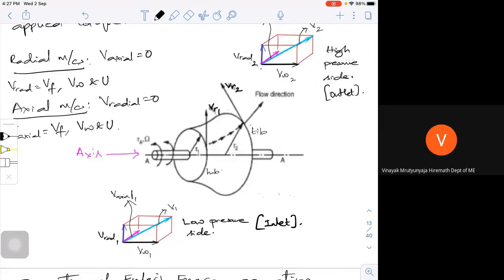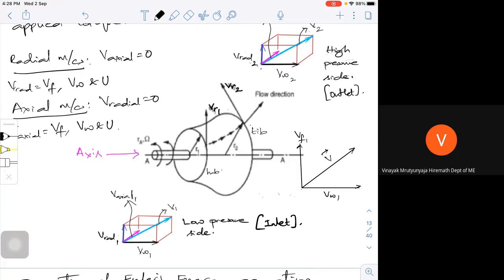Now at the inlet, the blue one is your absolute velocity. So this is my absolute velocity V. If it is making an angle alpha, I can resolve this into one horizontal component, which is VW1, and a vertical component in the flow direction, VF1.